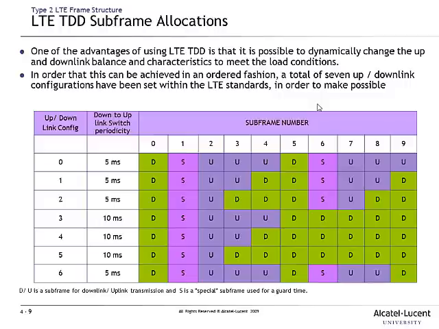So for example, if there's a lot of downlink traffic to be transmitted and very little uplink traffic, then you might decide to choose up down configuration number 5, because number 5 has probably got the highest number of downlink subframes compared to the others.